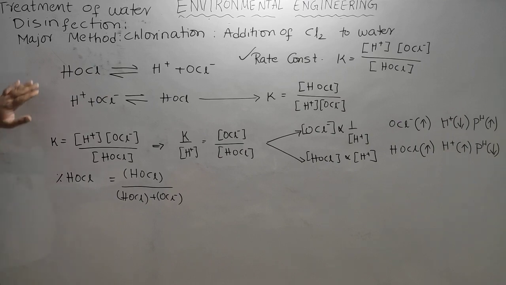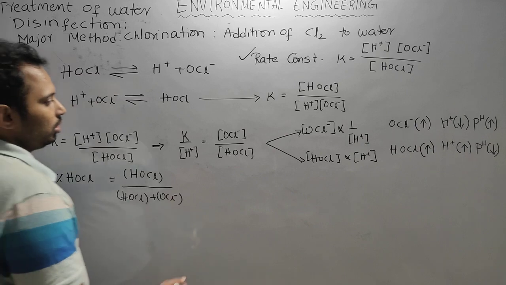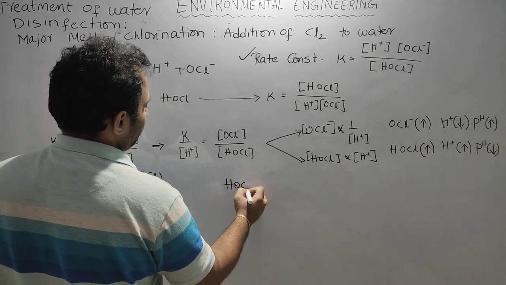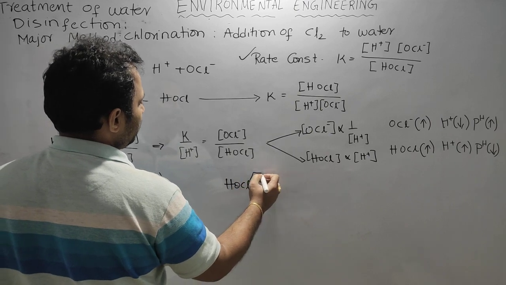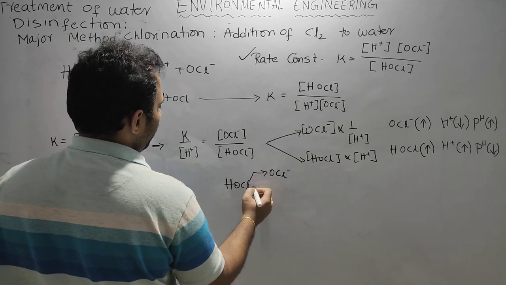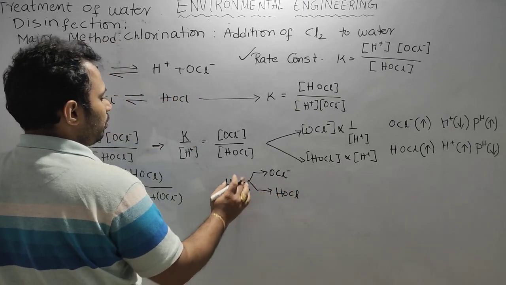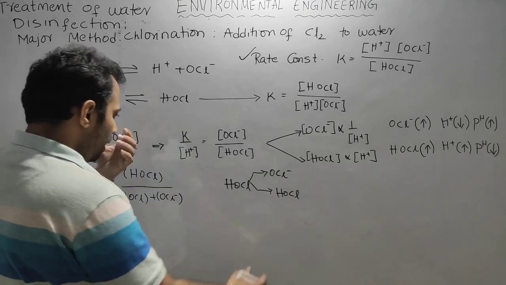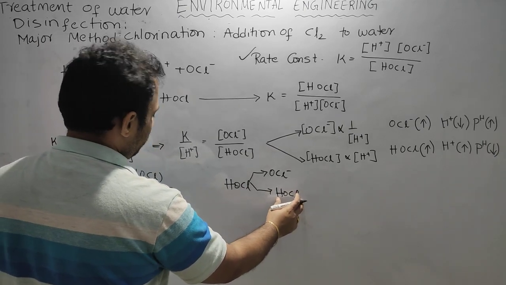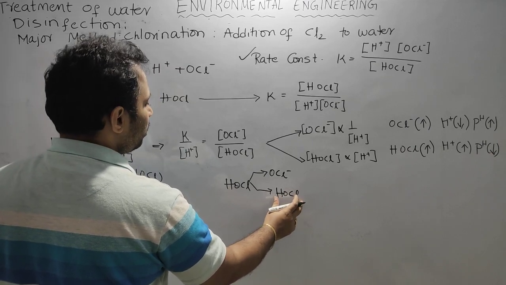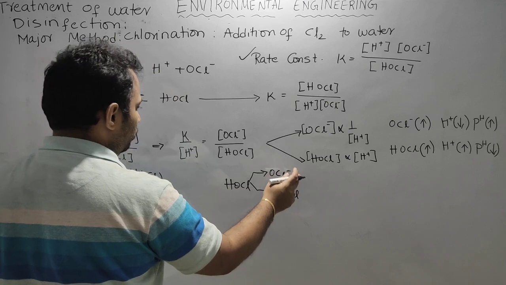So after this reaction, some part of the HOCl has become OCl minus, and some part of HOCl remains as HOCl. Initially it is HOCl only, but it has disintegrated into OCl minus. Some portion will remain as HOCl, some portion will convert into OCl minus. So this HOCl percentage is nothing but HOCl by HOCl plus OCl minus.